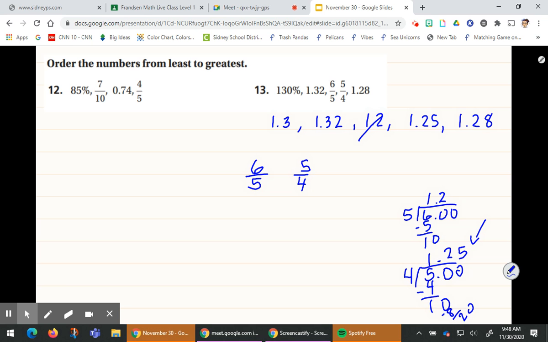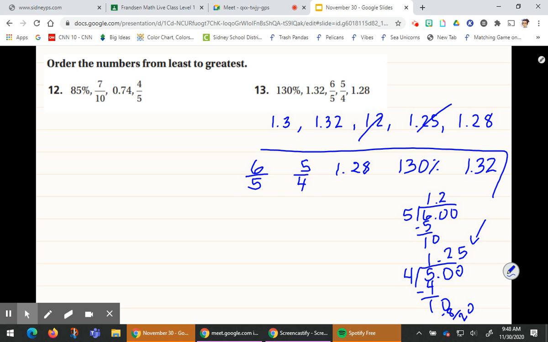The next smallest decimal was the actual decimal, 1.28. And then 130% was the next smallest decimal. And finally, 1.32 was the largest decimal. Okay, so that is how I reorganized my original numbers.